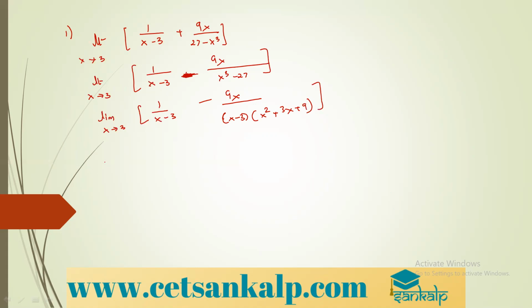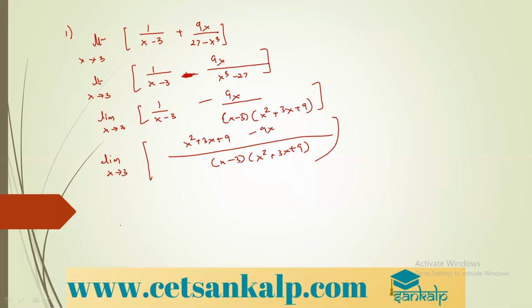So after factorizing, we can take a common denominator. The common denominator is x minus 3 into x square plus 3x plus 9. So that means you will have x square plus 3x plus 9 minus 9x. Or that is, I have limit x approaches 3, x square minus 6x plus 9 by x minus 3 into x square plus 3x plus 9.